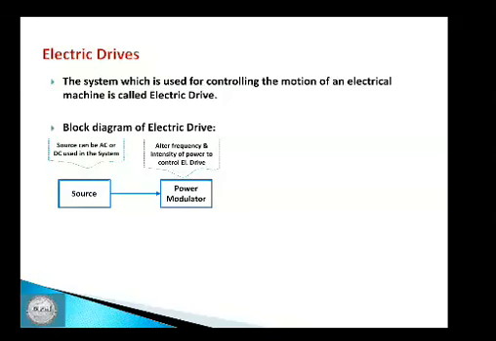AC to DC converter is used to obtain the fixed DC supply from fixed AC voltage.